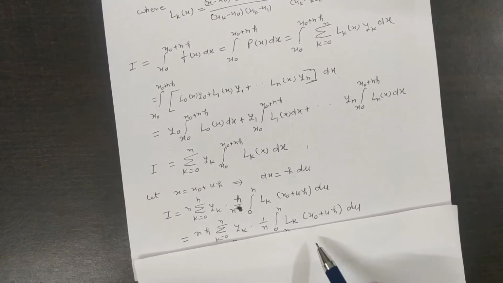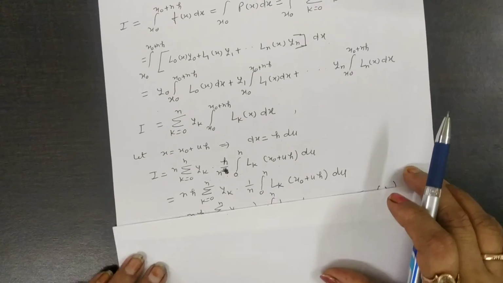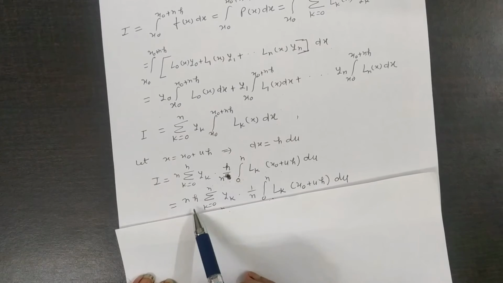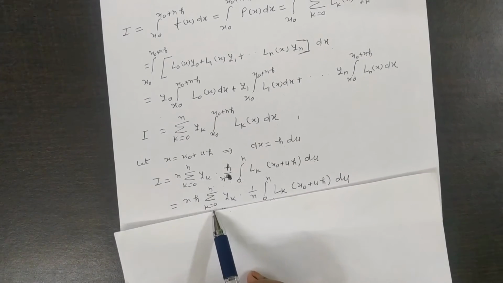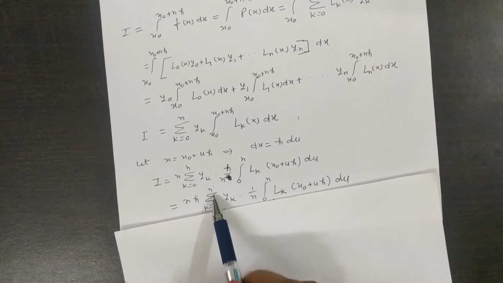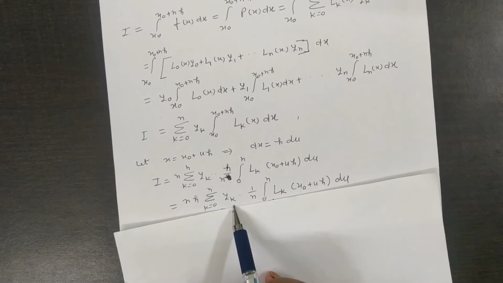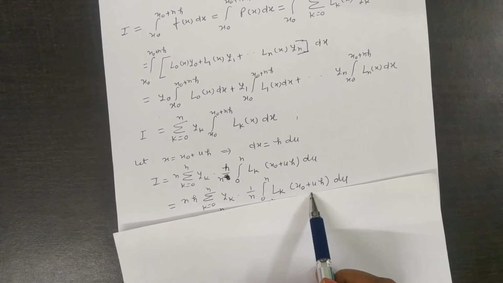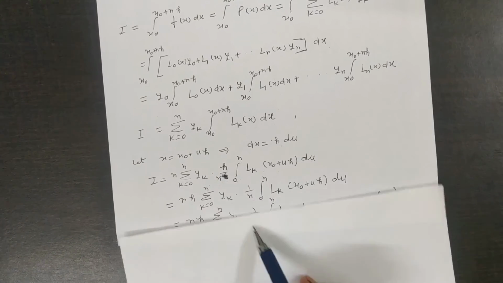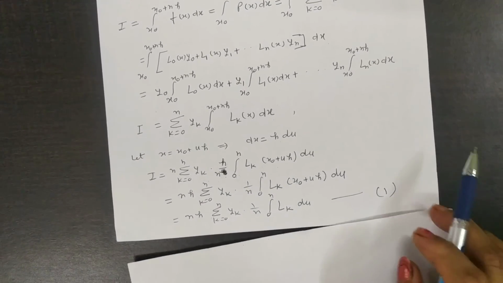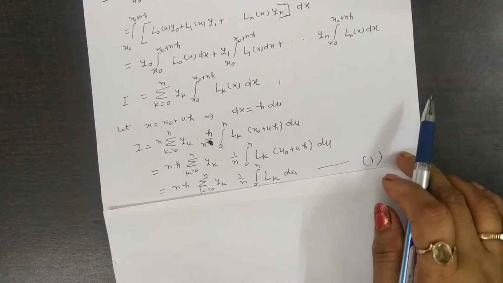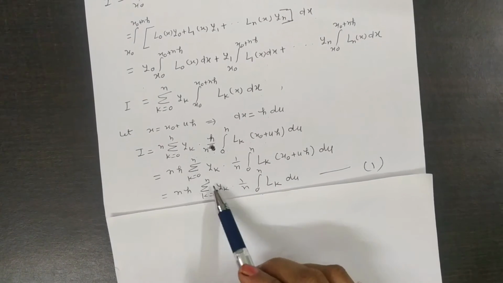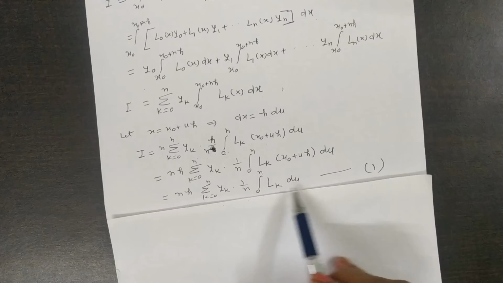Okay, so this becomes nh, sigma k varying from 0 to n, yk, and 1/n times the integral of Lk du.